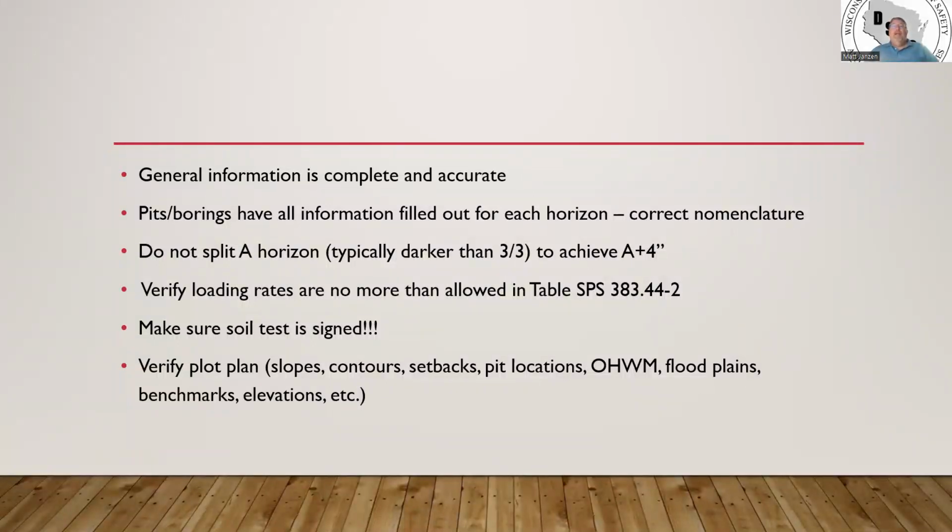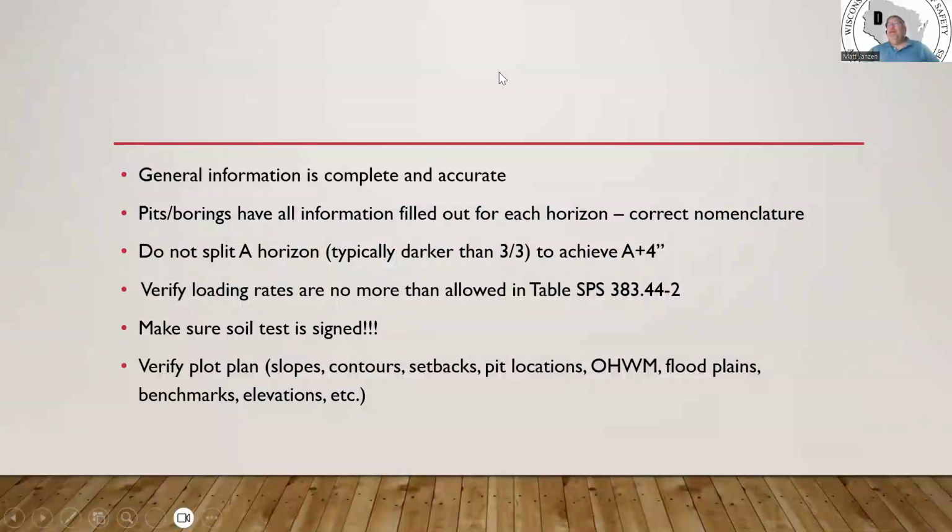So if you have an A horizon that is, let's say 12 inches, and the bottom, let's say 4, has redox in it, by all means split that out and say this has redox, but don't just split the A horizon into 2 so you can meet A+4. An A horizon is an A horizon, dark texture or dark colors, not just the first horizon.